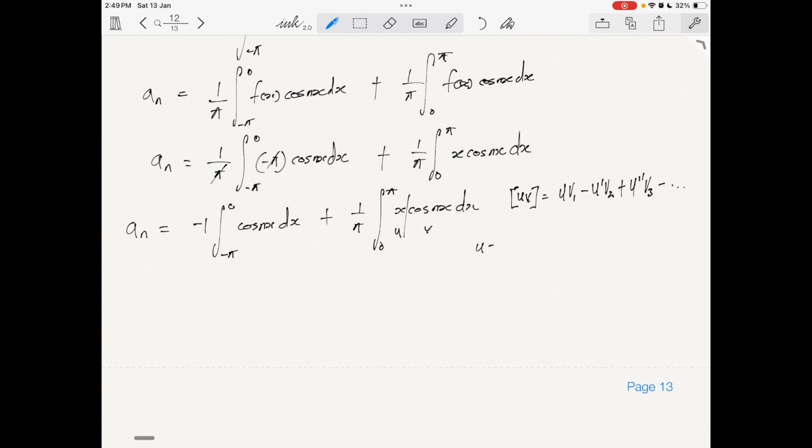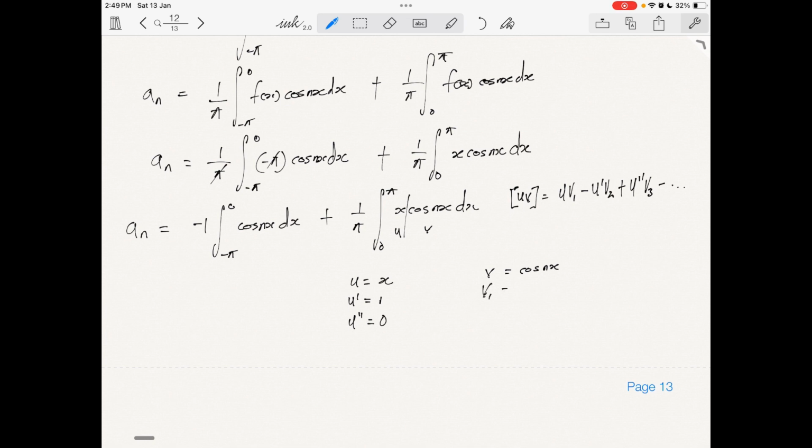So we know that our u is equal to x and our v is equal to cos nx. So our u prime, that is differentiating x, will give us 1, and our u prime prime, that is differentiating 1, is 0.